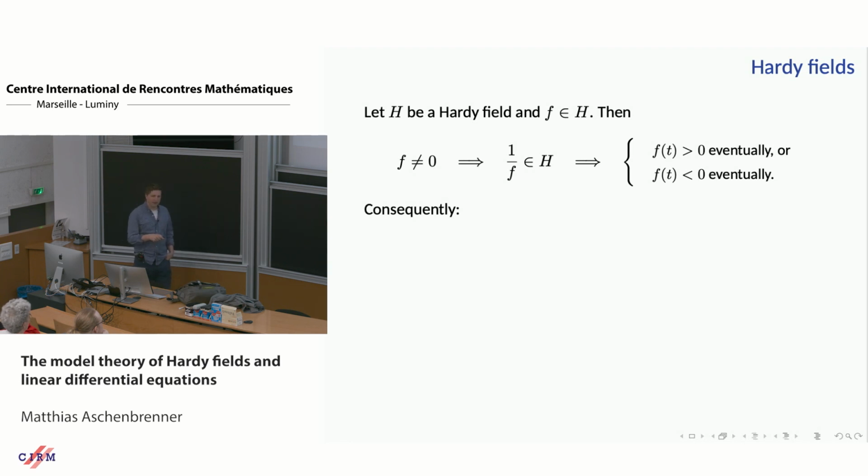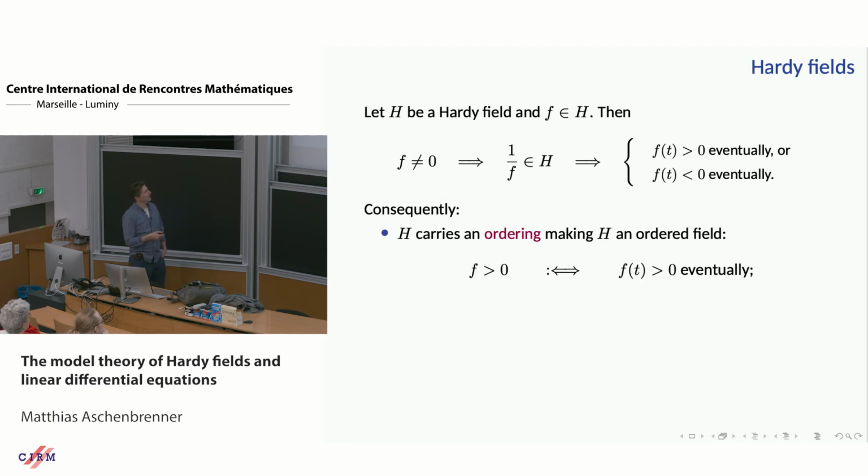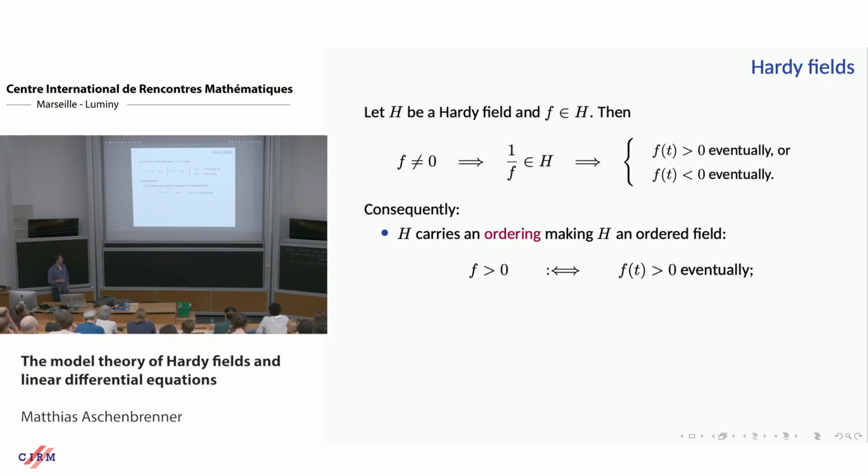So this also means in particular that you cannot have infinite oscillation of the functions in your Hardy field. They have to decide on a sign. Consequently, you can define an ordering on the Hardy field by simply declaring germs to be positive if they have a representative that is eventually positive. And this makes H into an ordered field, in the sense of algebra.